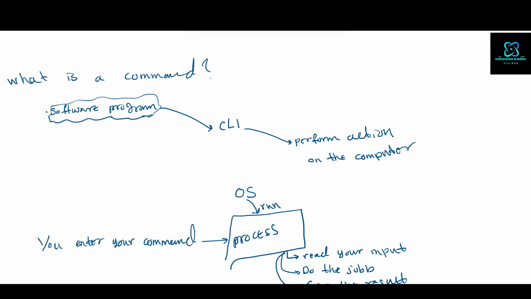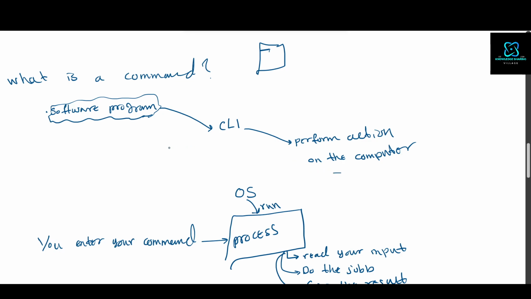We have the command line interface, a text-based interface. You write your command here, and this command will cause an action and tell your computer to perform the action that you want. That is basically a command.